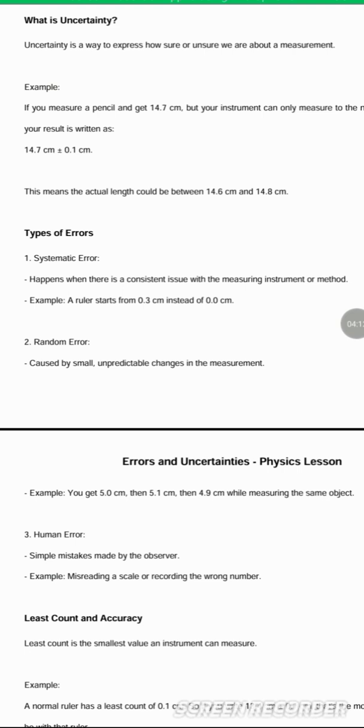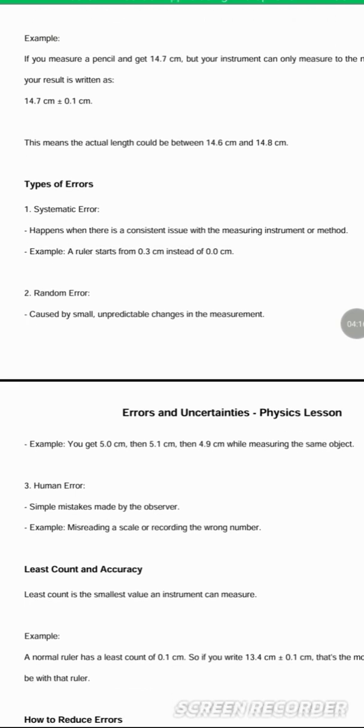One time you measure 5.2 centimeter, next time 5.0 centimeter, and then 5.1 centimeter. These differences are random errors. You can reduce them by repeating the experiment and taking the average. That we have done in 9th grade and 10th grade, and we will do onwards as well in the intermediate classes.